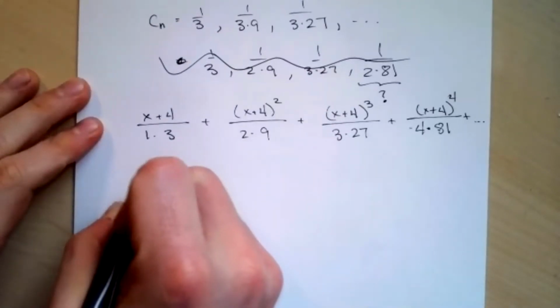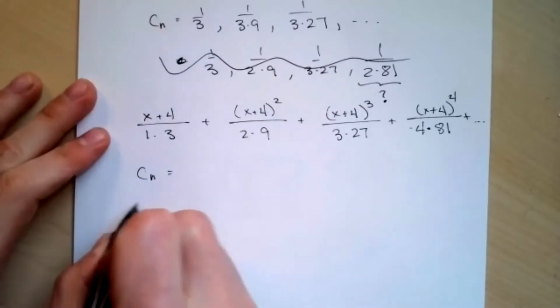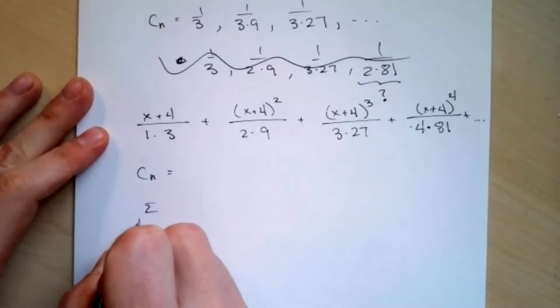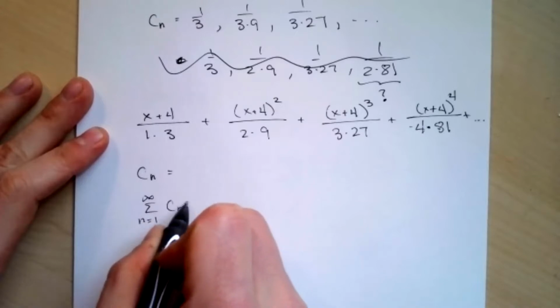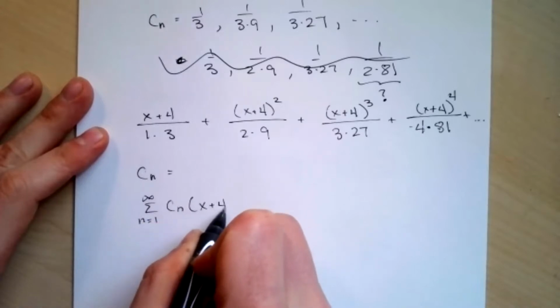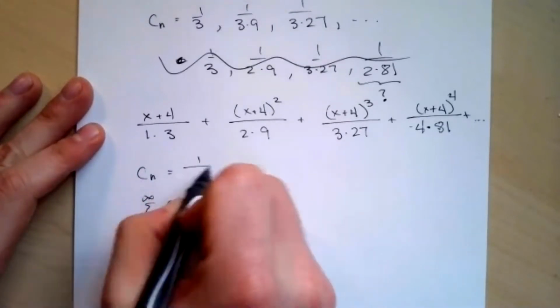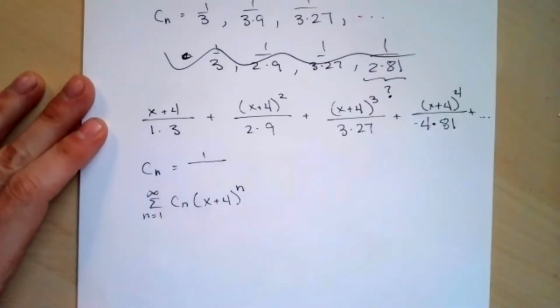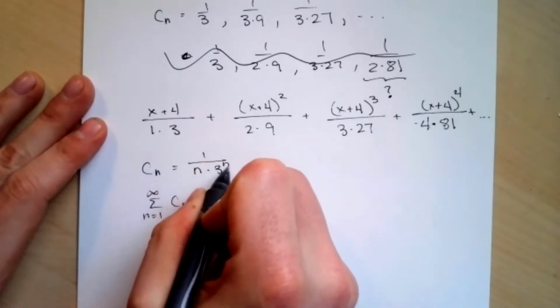And so now, what is our Cn? We'll start at n equals 1 to make things easier for ourselves. Would the denominator be something like n multiplied by 3 to the power of n? Yep.